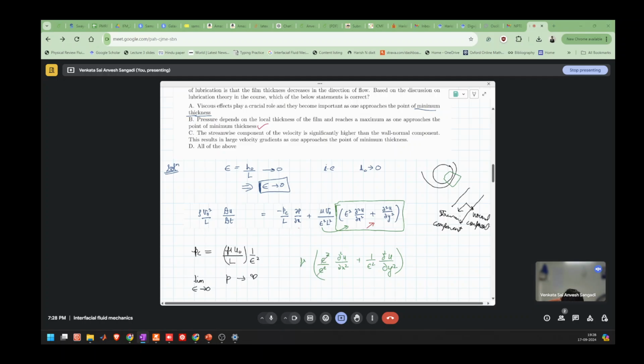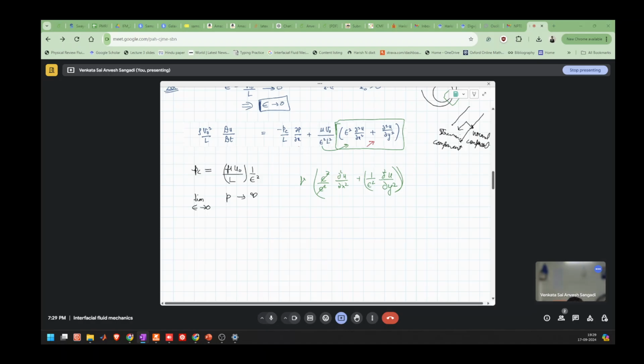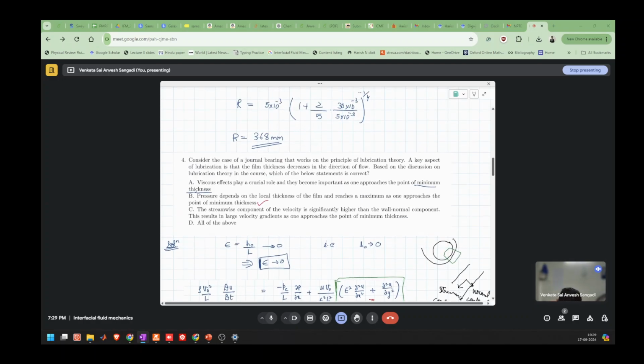Although this gets cancelled, this term is of the order 1 by epsilon square, which is very large. So again, the first condition, viscous effects play a crucial role and they become more important as one approaches the point of minimum thickness. This also is true.